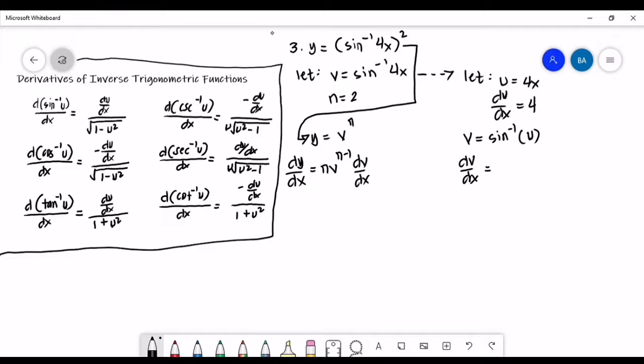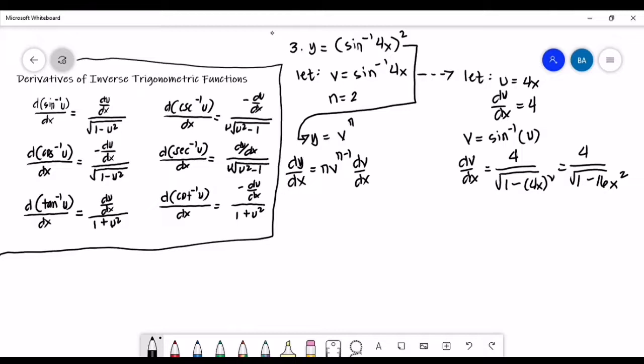So therefore, our du dx is 4 over the square root of 1 minus u squared, where u is 4x, so 4x squared. This is equal to 4 over the square root of 1 minus 16x squared.